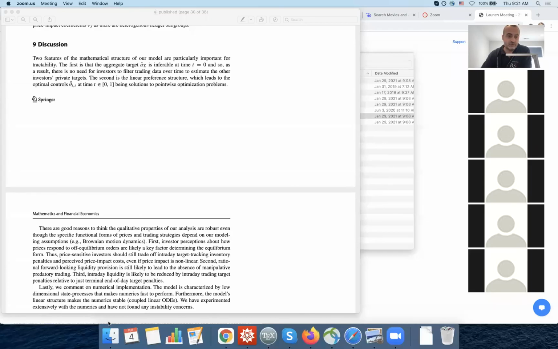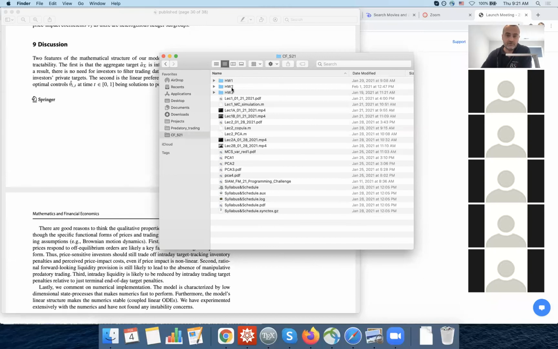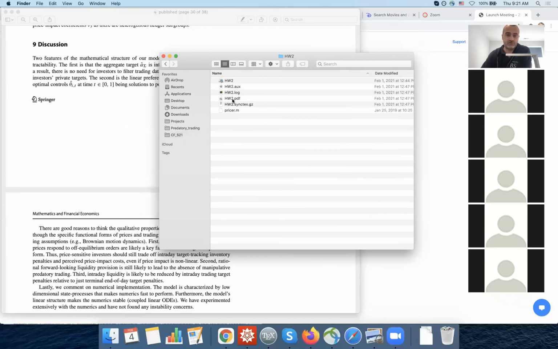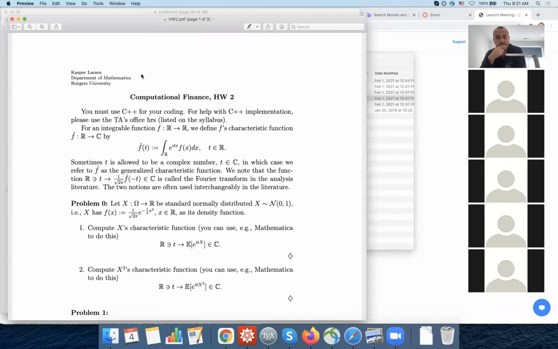Okay, so we're going to take a little break soon, but let me just, the next thing that's coming up is going to be these characteristic functions. And I posted the next homework up there. And the next homework is full of characteristic functions.